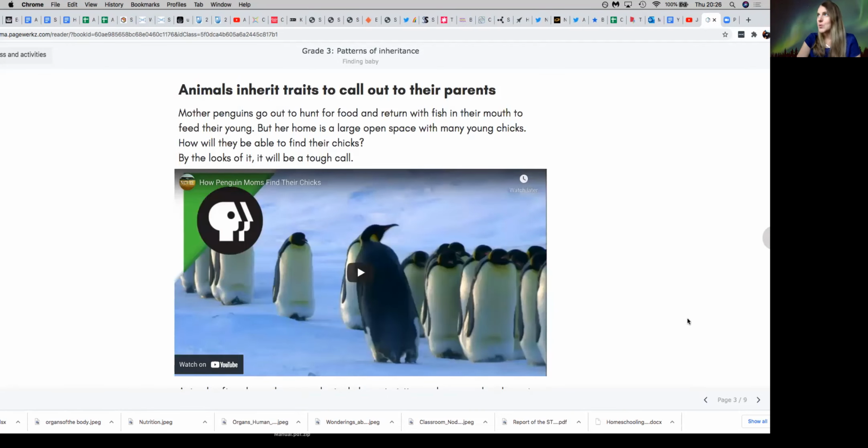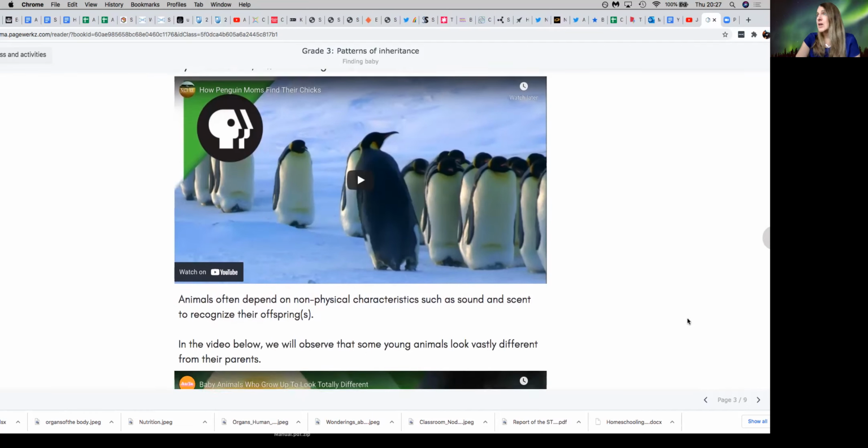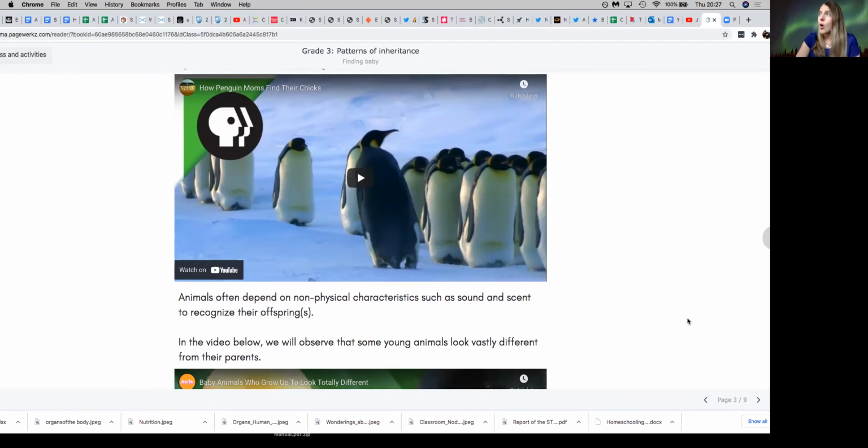One of the resources that we used is this: penguins are so lovable and recognizable. But what's interesting about this is the way in which those animals inherit the traits they need to recognize each other, recognize the calls. That's a very common theme.